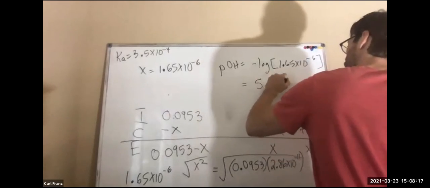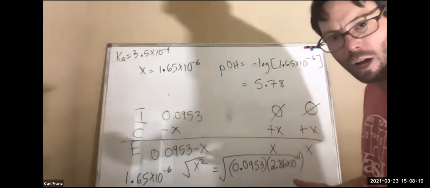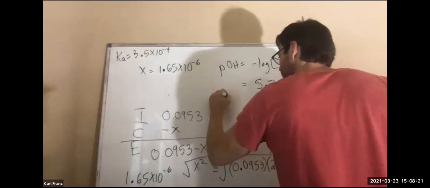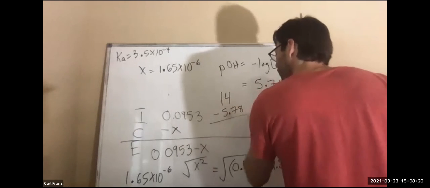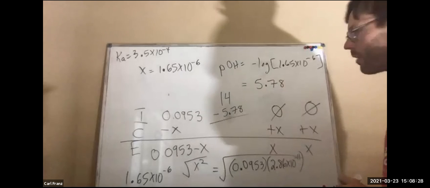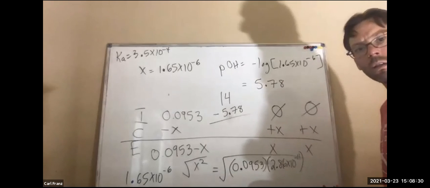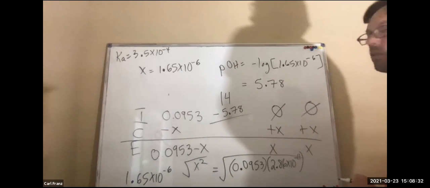They're not asking for pOH, they're asking for pH, right? So 14 minus 5.78 will give us our pH. 8.22. Okay.